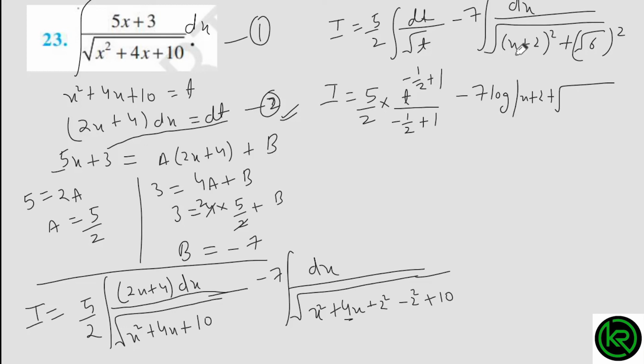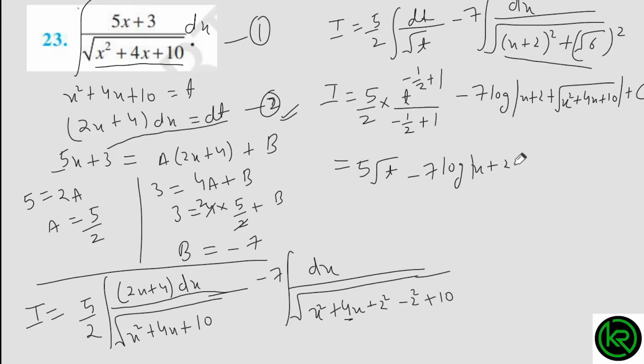By solving this, students, we will get the same quadratic polynomial, x square plus 4x plus 10, mod close, plus c. Okay, minus half plus 1 is half, the 2 will cancel, giving 5 under root t, and here minus 7 will remain the same, log mod of x plus 2 plus under root x square plus 4x plus 10, plus c.